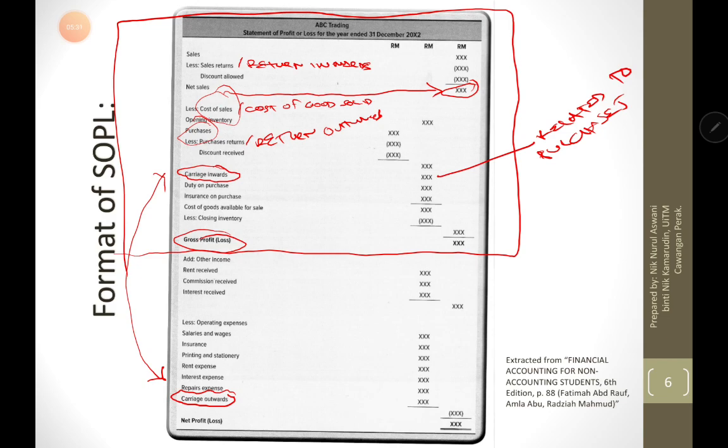And then also duty on purchases we have to add here. Duty on purchases, for example import duty.